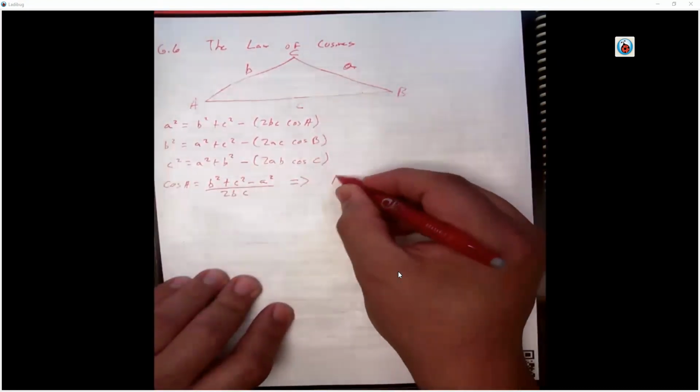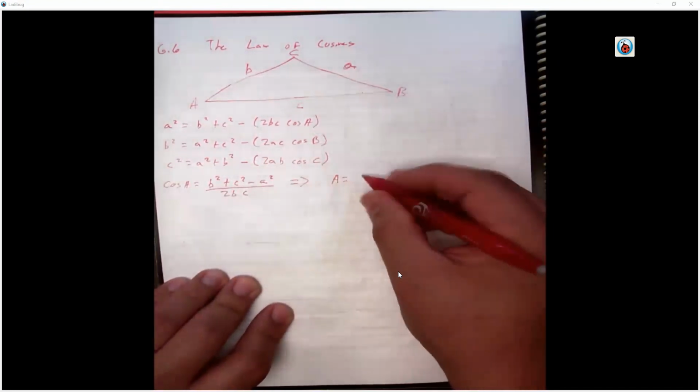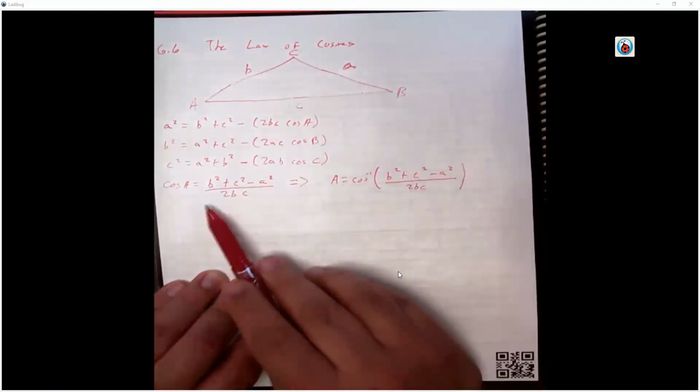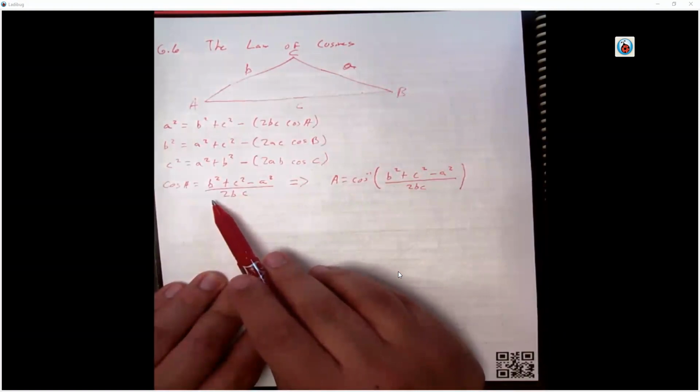I just want to get A. A is equal to the inverse cosine of both sides, so you can use this. This one is not in the book, so feel free to use this. It's just a consequence of this one.